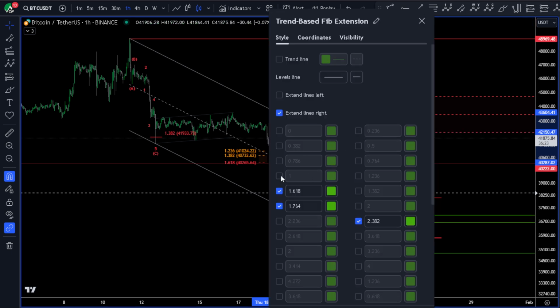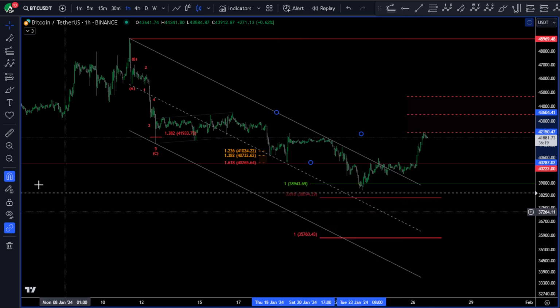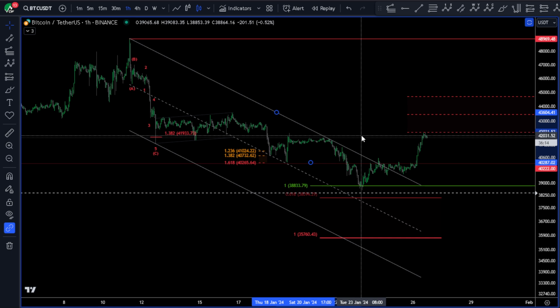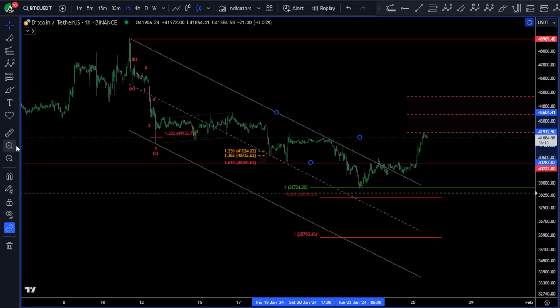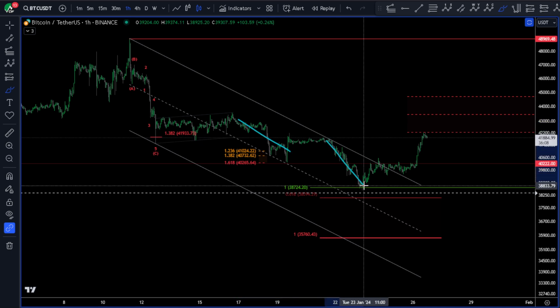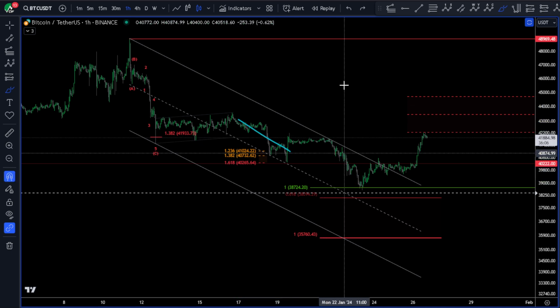Let me see this one-to-one. When we're unsure, we just stick to structures that look like they're equal in length when we're in a correction. And yeah, that stands out. This is equality right here, one-to-one.